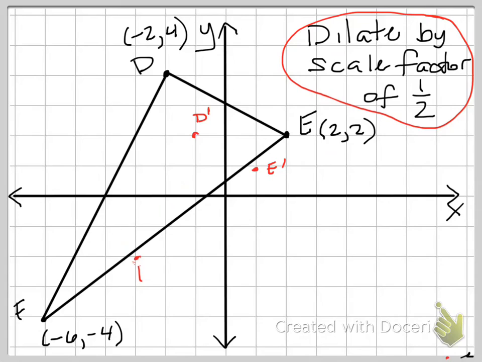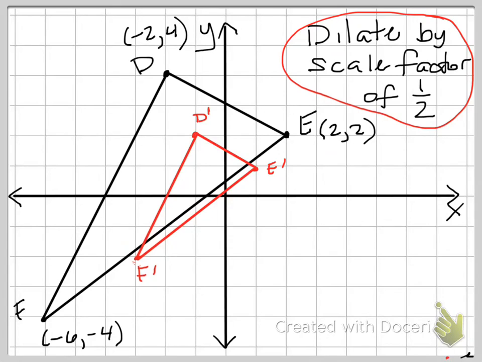So that is F prime. If we connect all those points, you notice that it should be half the size of the original image, the pre-image.